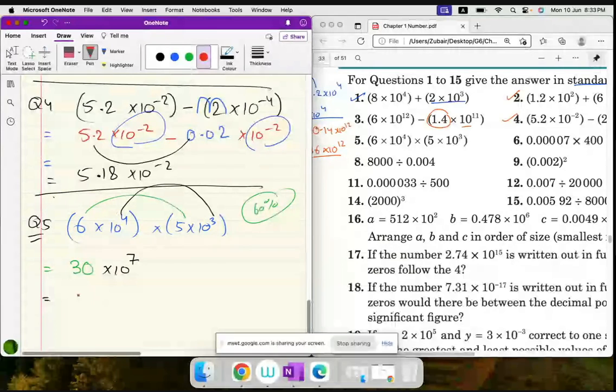So converting it into standard form makes it 3.0 into 10 raised to the power. What is it? 8.